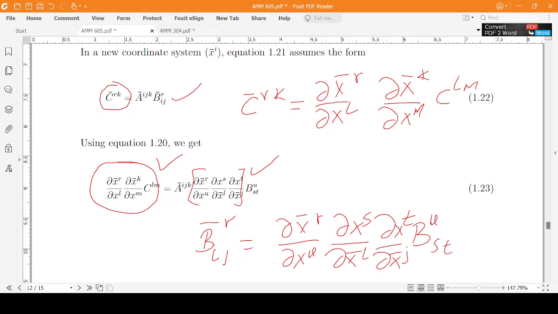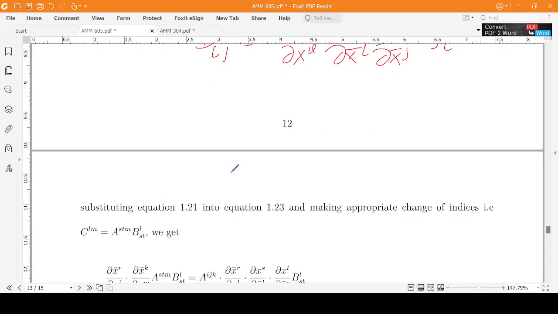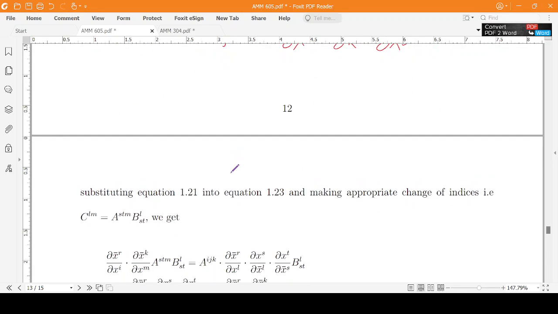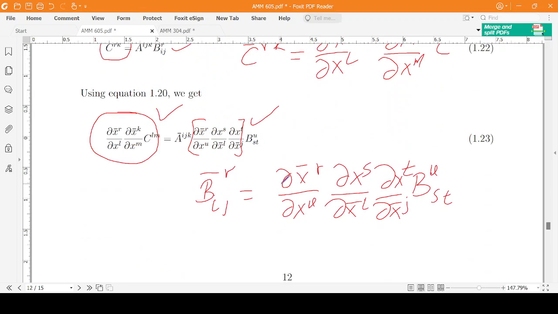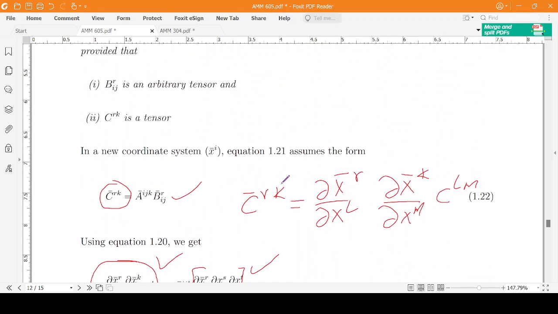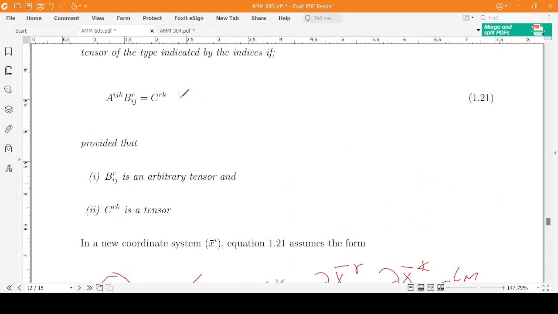So when we substitute there, we equate those two, and then if we substitute equation 1.21 into 1.23, 1.21 is this one.